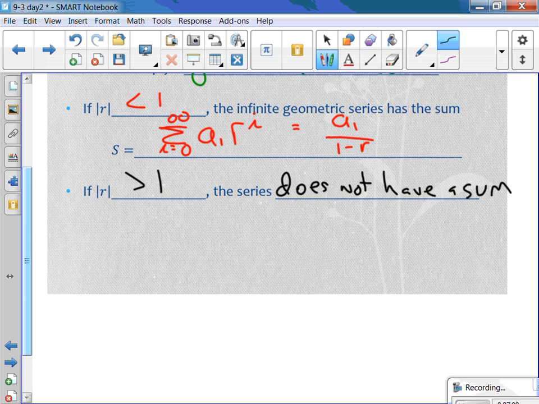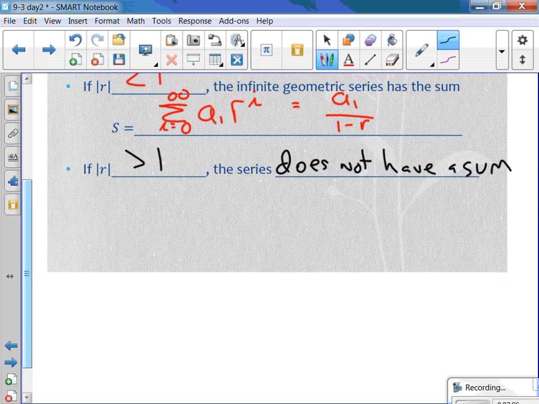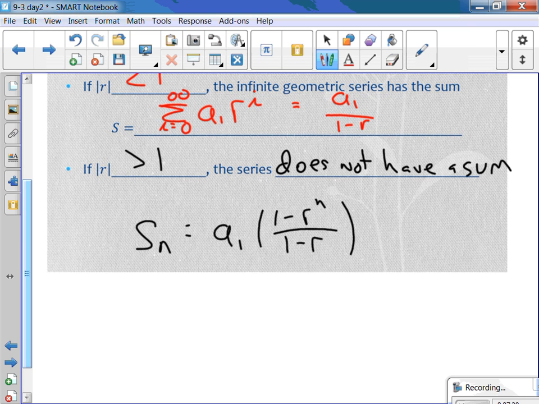If we take a look at when we talked about the finite sum from 1 to n, when r is small, when r is 1/2, 1/4, 1/3, whatever have you, and n gets larger and larger, what's going on with this term?